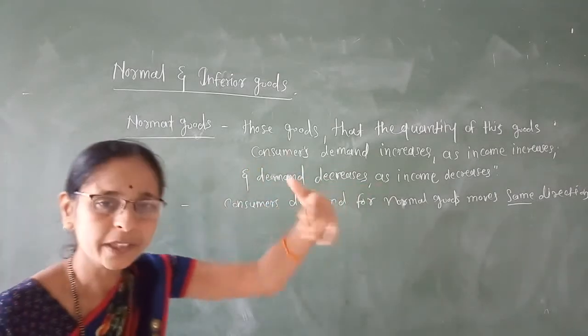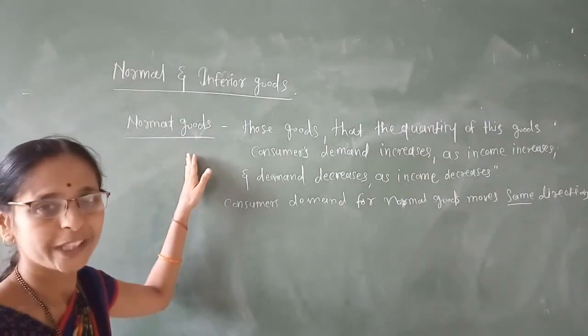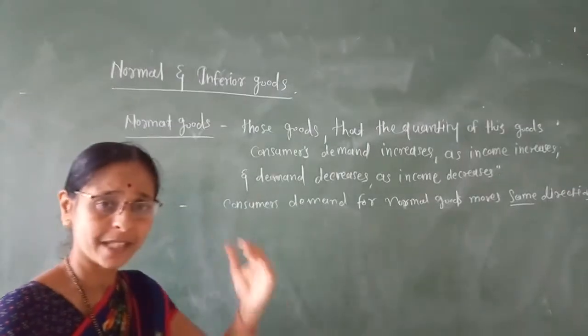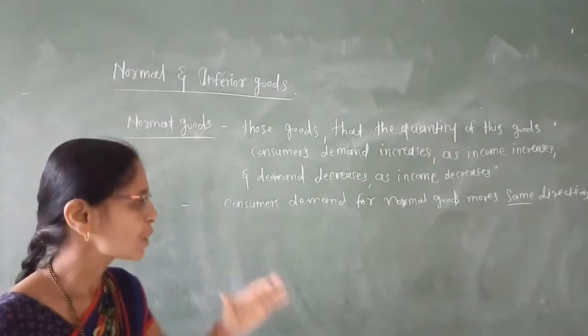If the income of the consumer increases, the demand for the normal good also increases. If the income of the consumer decreases, means it becomes less, then the demand for the normal good also decreases.